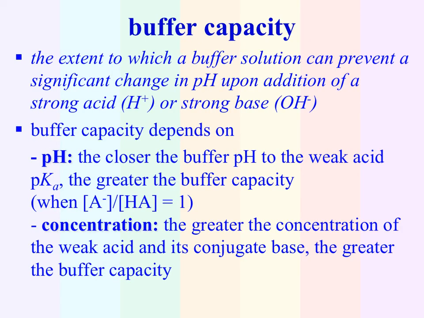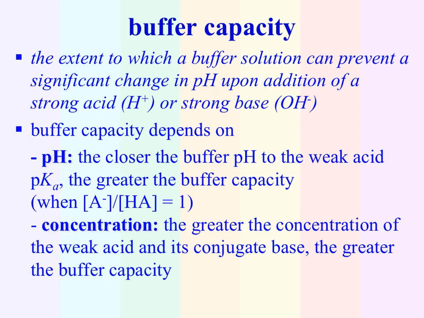Okay, so buffer capacity is referring to the extent to which a buffer solution is going to actually prevent a large change in pH upon the addition of a strong acid or a strong base. So buffer capacity is going to depend on your pH and your concentration. Basically, the closer your buffer solution's pH is to the weak acid's pKa, the greater that buffer capacity is going to be. So when the pH of the buffered solution and the pKa of the acid are close, the buffer capacity is greater.